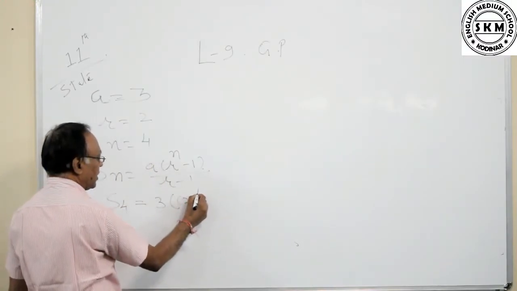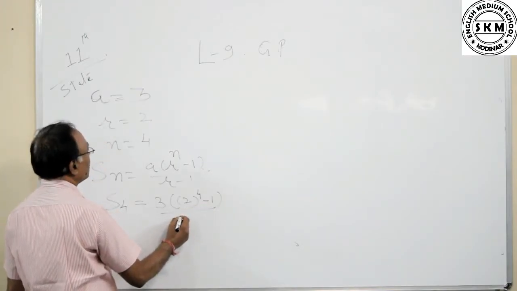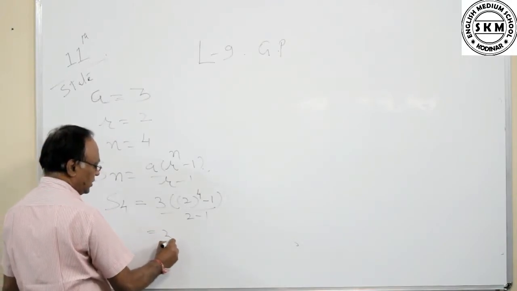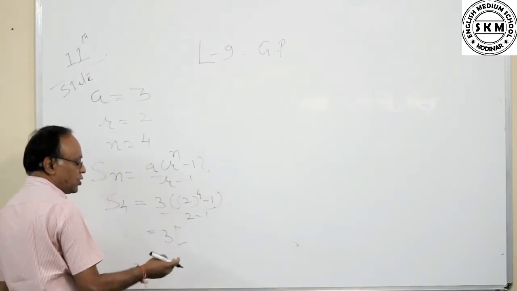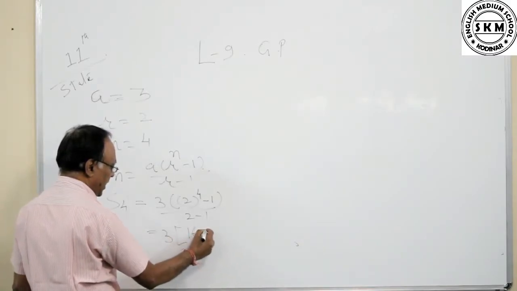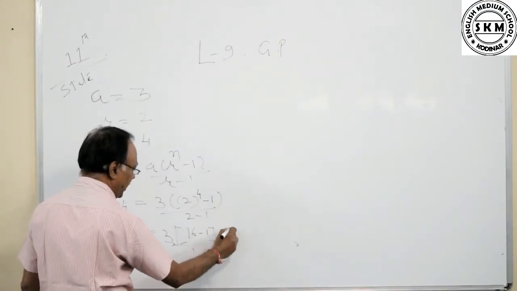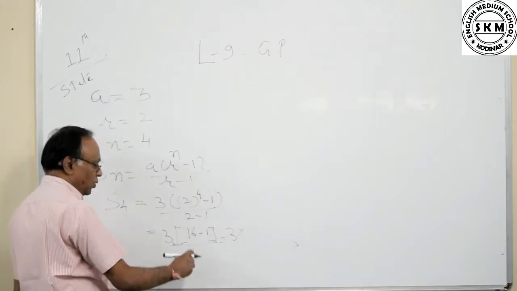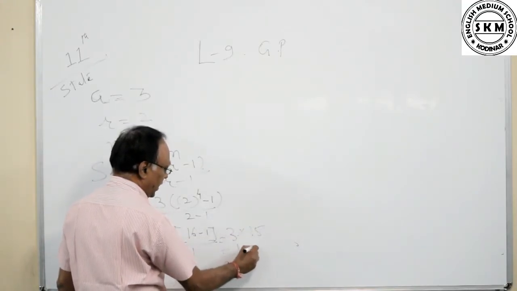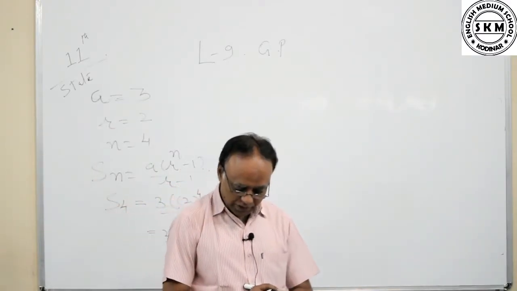S4 we want to find: 2 raised to 4 minus 1 upon 2 minus 1 is equal to 3 into 2 raised to 4, 2, 4, 8, 16, so 16 minus 1 upon 1 is equal to 3 into 15, 15 threes are 45. So the sum of the first 4 terms is 45.